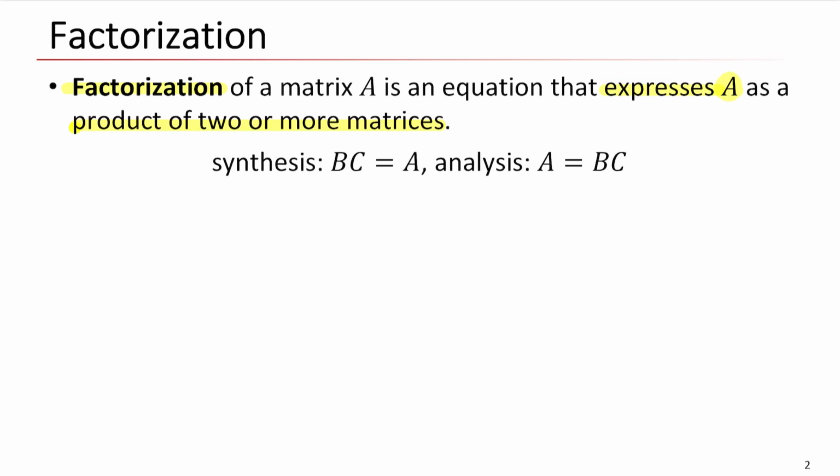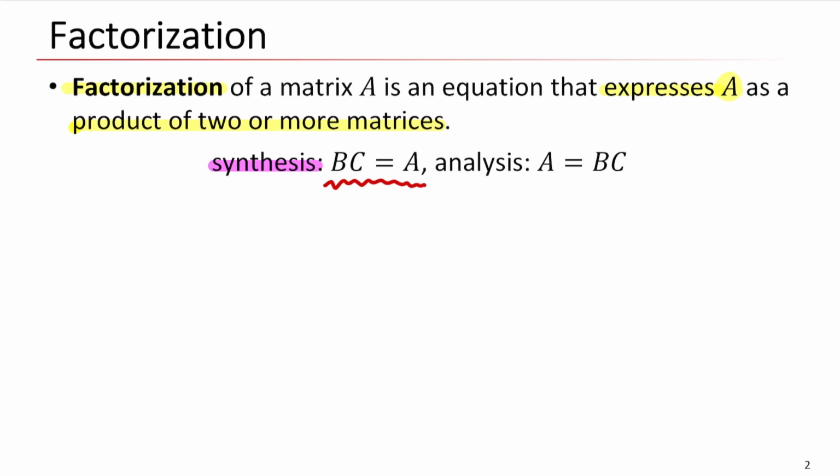the previous lecture, we talked about matrix multiplication, right? So something like P times C is equal to A. In this case, this is kind of a synthesis that combines the effect of two or more linear transformations into a single matrix.